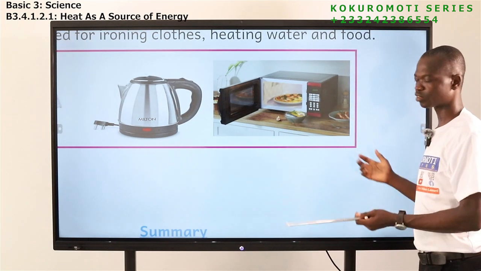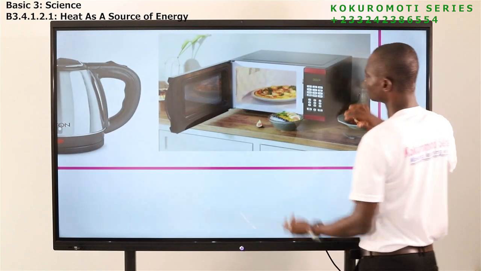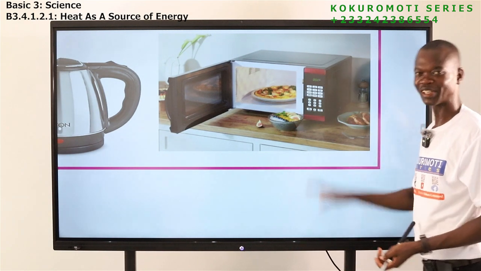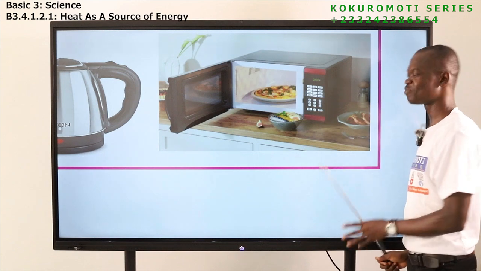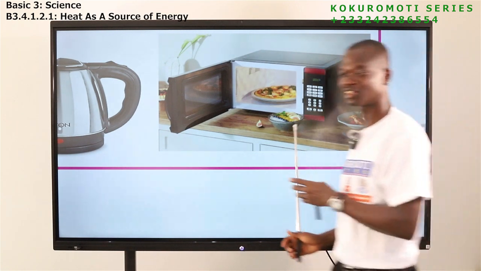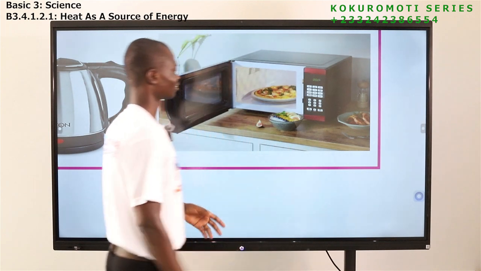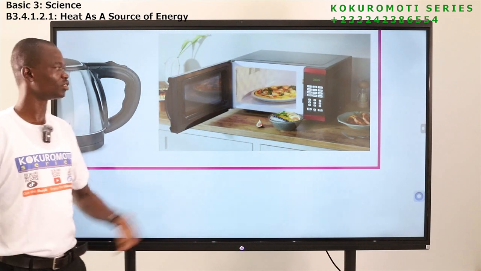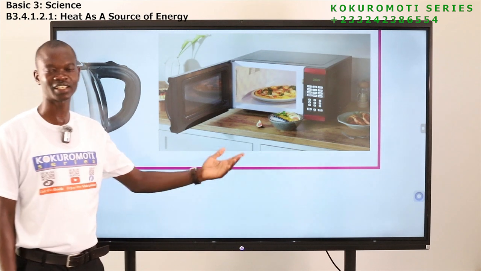Look at this, this is a microwave. If you have not seen a microwave before, this is how it looks like. In fact, it's very good if you want to heat your food. Let's say you feel like warming up your food, you just put it inside, you turn it on.